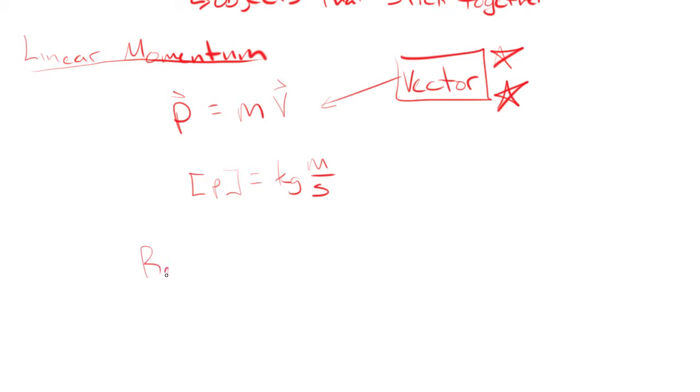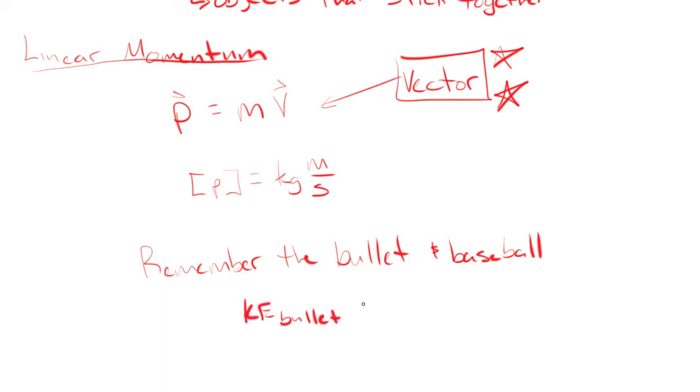And a good way to look at this is when we first started talking about kinetic energy, we compared a bullet and a baseball. And we said that the bullet had a larger kinetic energy than the baseball.